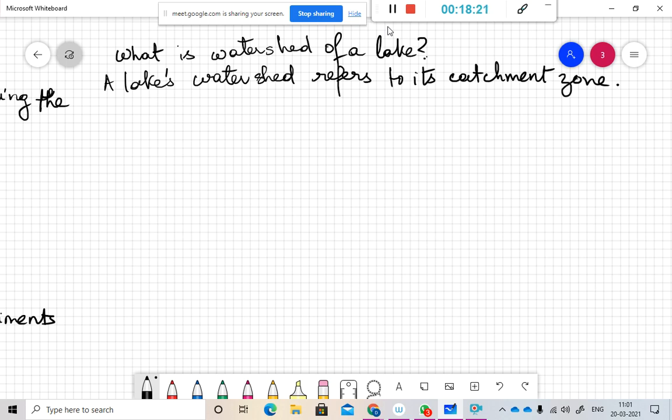Catchment zone means the zone which you can capture, for example with a camera. You cannot capture the amount of water which is evaporated away. The land use and land cover of the catchment zone have a great role to play in the pollutant load of the lakes.